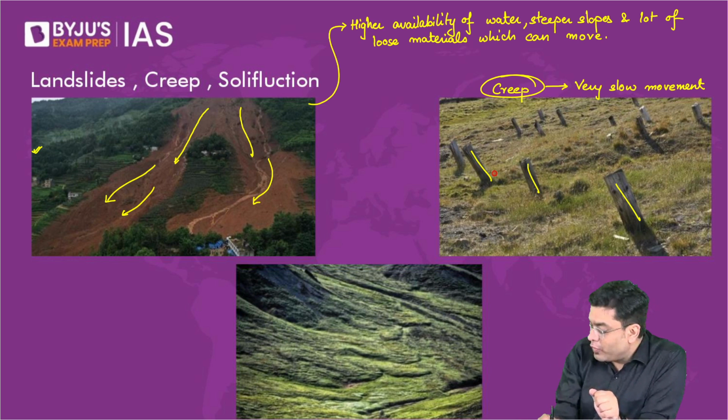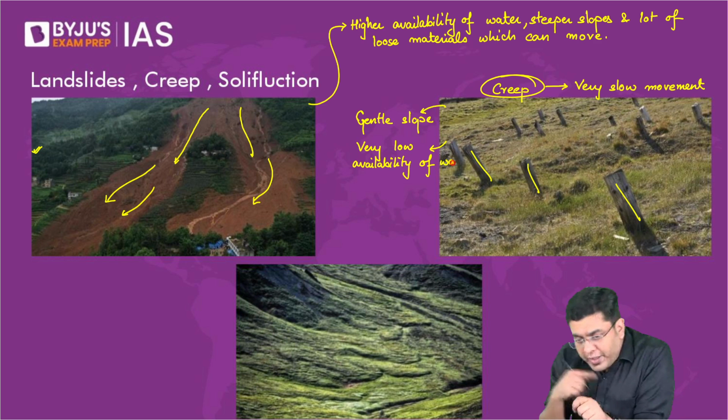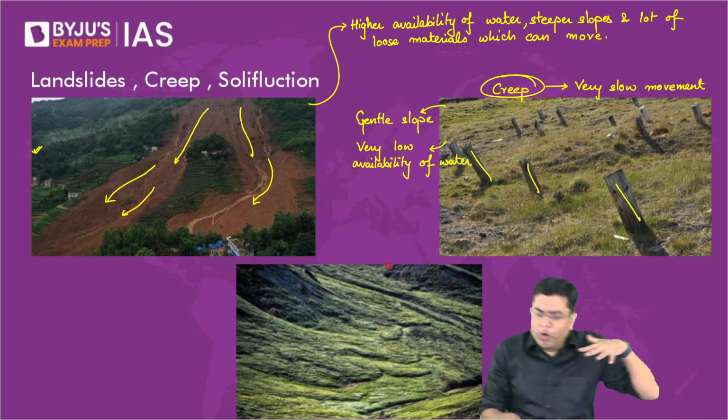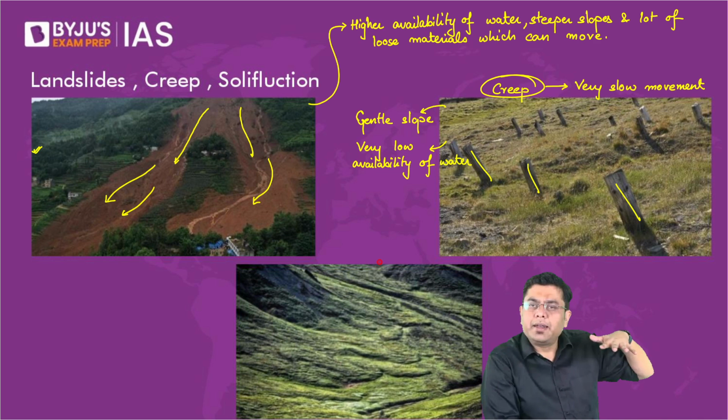It happens when you have a gentle slope, then very low availability of water, okay? So in those cases, a very slow movement is initiated, where the soil in itself encompasses a kind of slow movement.